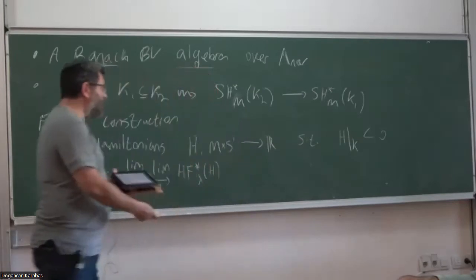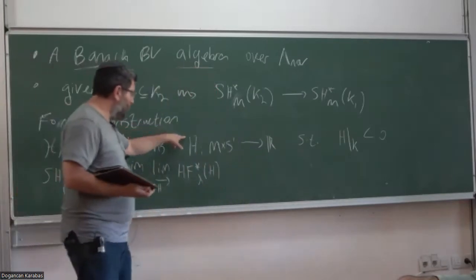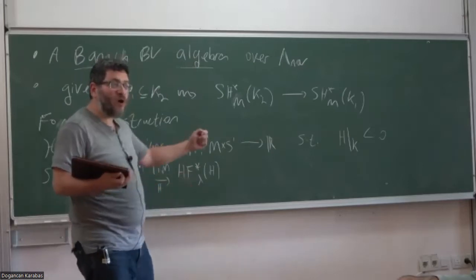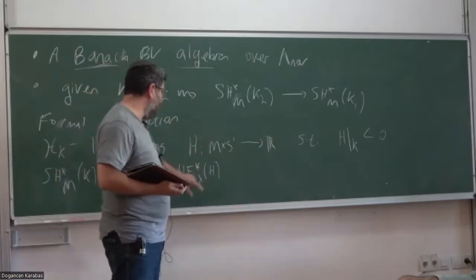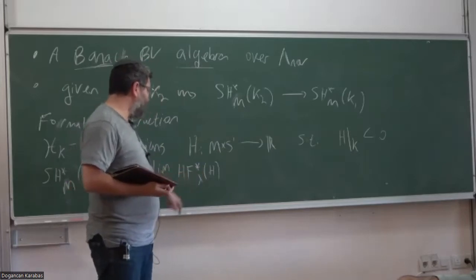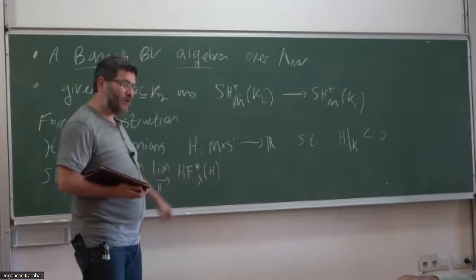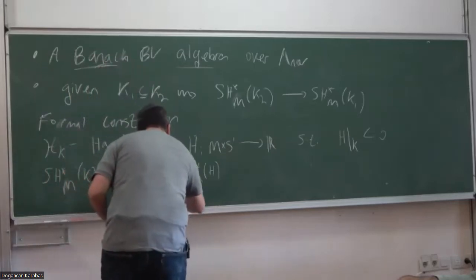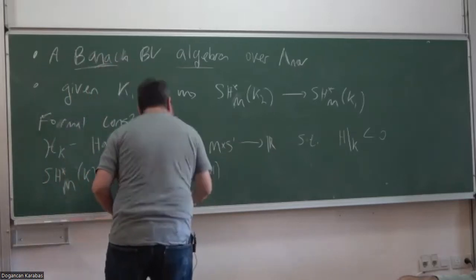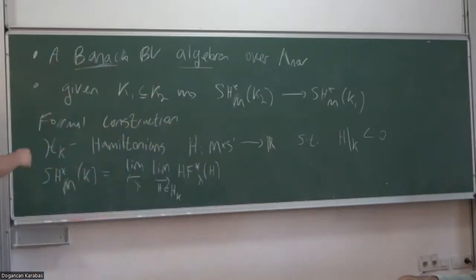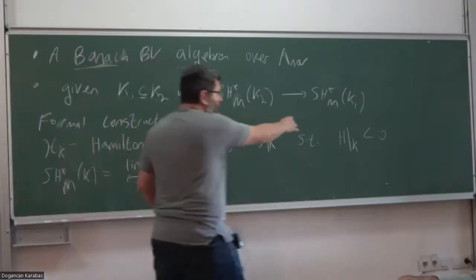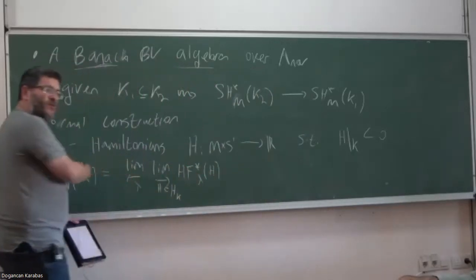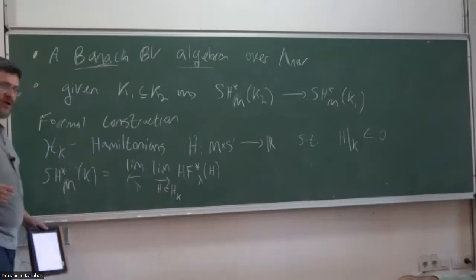when you have a Hamiltonian function, you can define its Floer homology, and then you can truncate it, meaning you only take into account curves which have energy less than or equal to lambda. Then you take a limit over all these Hamiltonians which are less than 0 on K, and then you take an inverse limit over all these possible truncations.